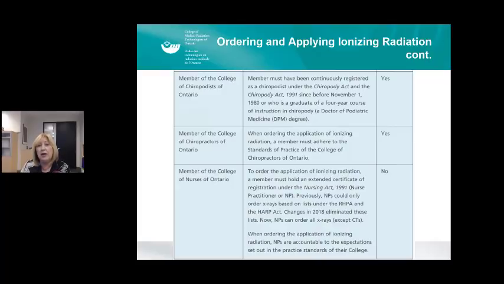You'll recall that the nurse practitioners for many years had a list of particular x-rays they were able to order. That list is now gone, and they are able to order all x-rays except CTs. But they are not authorized to apply ionizing radiation.